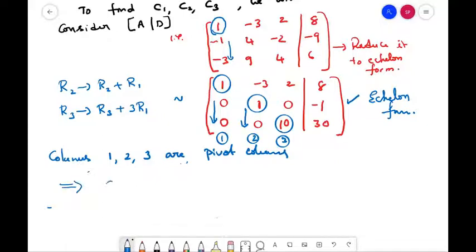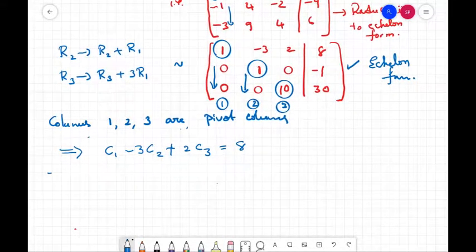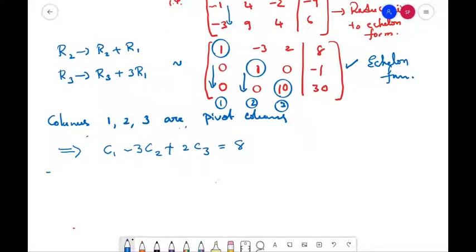That is C1 minus 3C2 plus 2C3 is equal to 8, and the second equation is C2 is equal to minus 1, and the third equation is 10C3 is equal to 30.